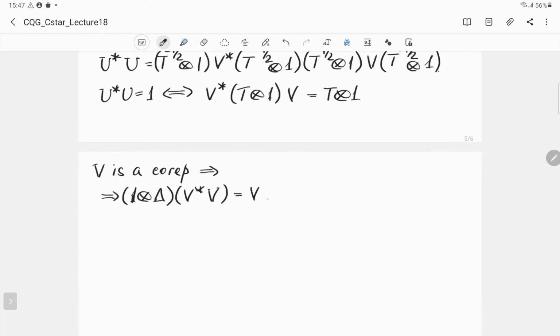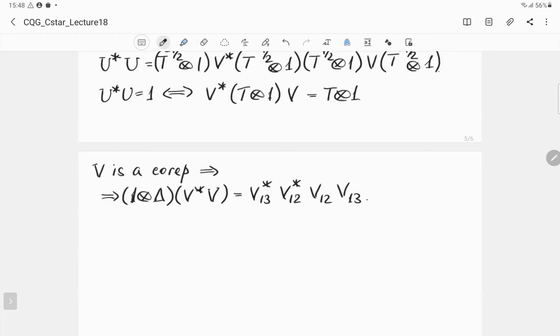This is V13 star, V12 star, V12, V13. This follows from the fact that 1 tensor delta is a star homomorphism, and it takes V to V12, V13. So since it's a star homomorphism, it takes V star V to this element.